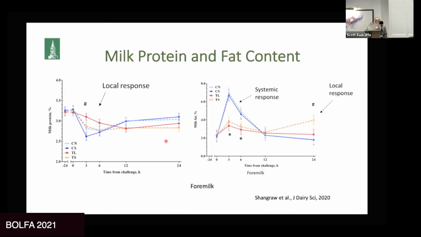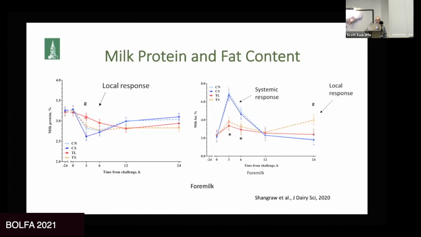We also measured the protein level and the fat content. You can see a local response for the milk protein. In the other 3 glands, you can see a dip in milk protein percentage, however that was not seen much in the TL gland.